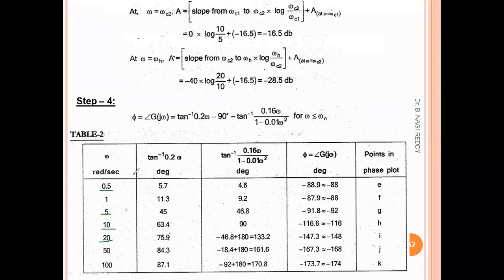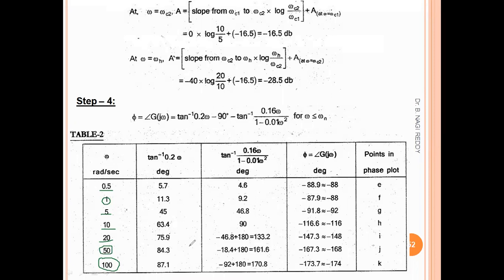That's why we have to take more number of points. That's why extra frequencies have been considered, and these frequencies are 1, 50 and 100. These points are also considered extra for having a better curve. Now you can calculate these 5 by calculating all these terms.